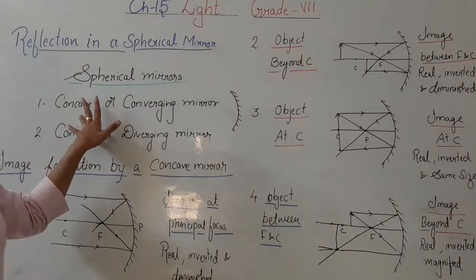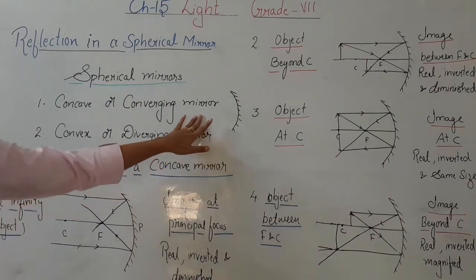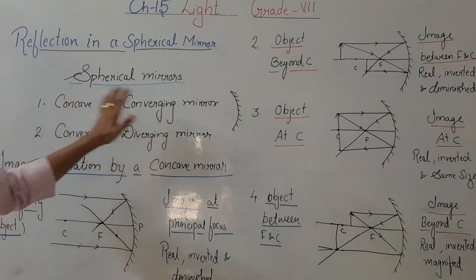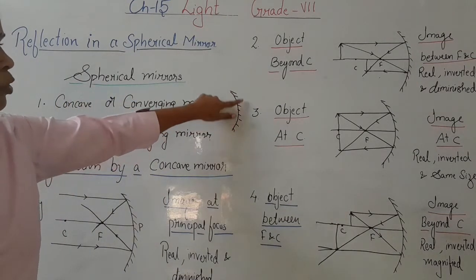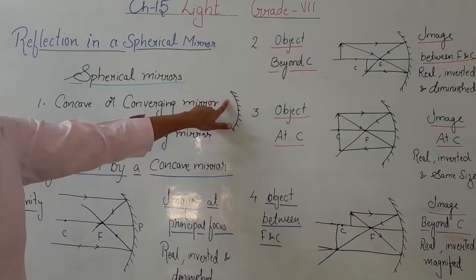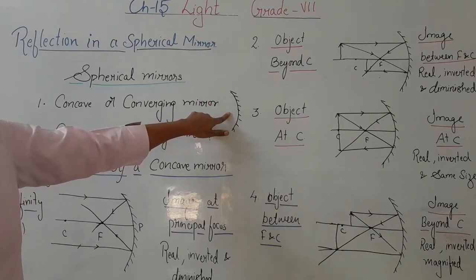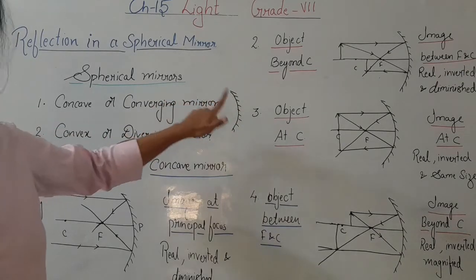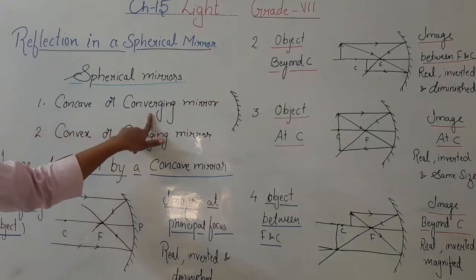Concave mirrors are also called converging mirrors. This is the reflecting surface, it is inside. So we call them concave or converging mirrors.